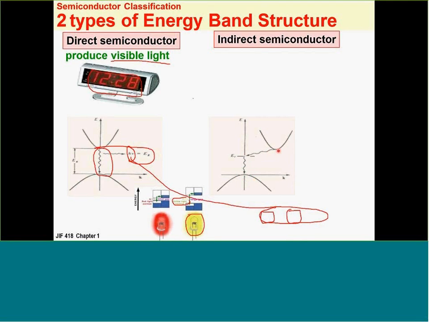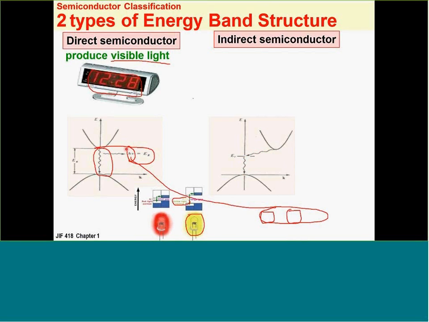So we need to have some intermediate level, so the electron needs to move up to this level first, and then only goes down to the valence band.